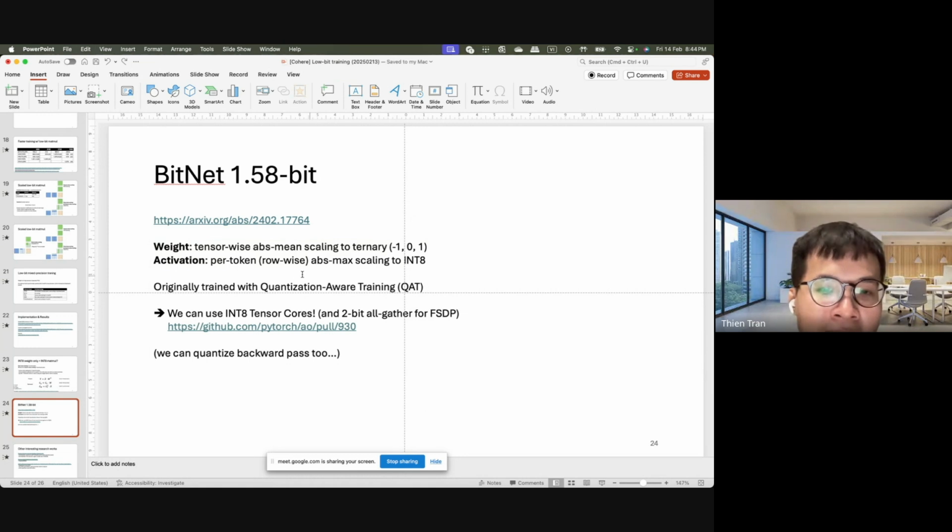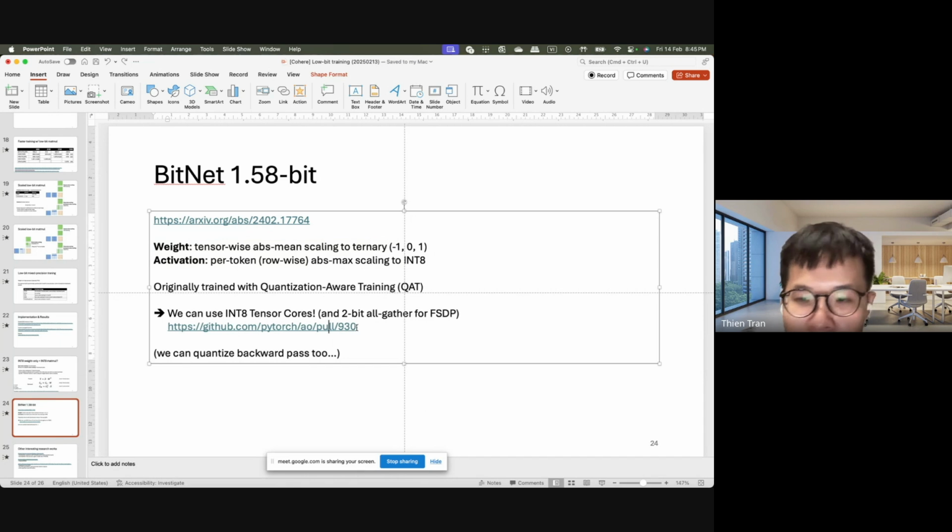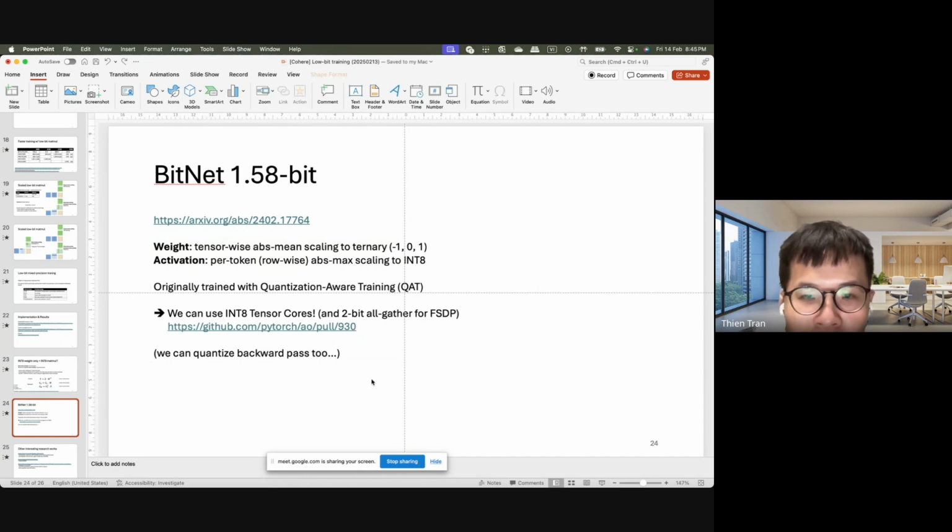Originally, they use quantization-aware training. So even though they quantize the weights into these three values, they get converted back into BF16 to do the matmul, and it's the same for the activations. This is also one of the experiments I did; you can go to the PR, nothing too fancy. It just shows that the hardware is there, and we should be able to identify opportunities to better utilize it.